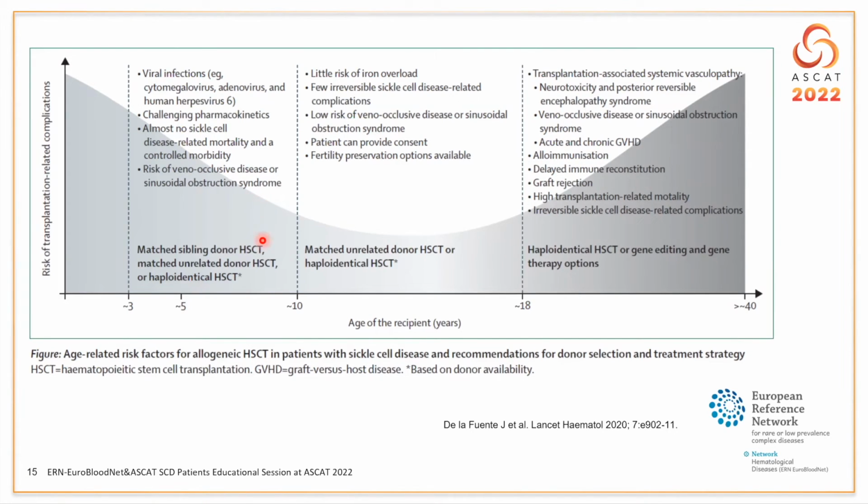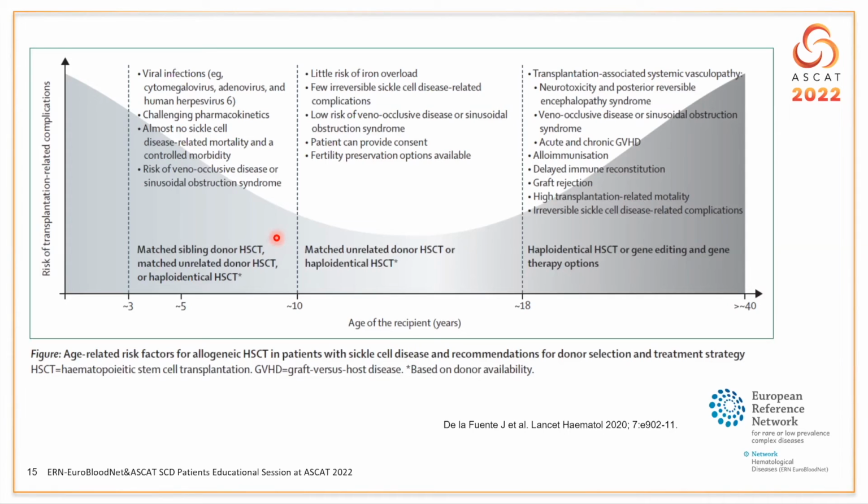But for patients lacking a matched sibling donor, we can start the search of a matched unrelated donor, and the results of a transplant with this type of donor, if the donor is 100% matched, are similar to those of a transplant from a matched sibling donor.